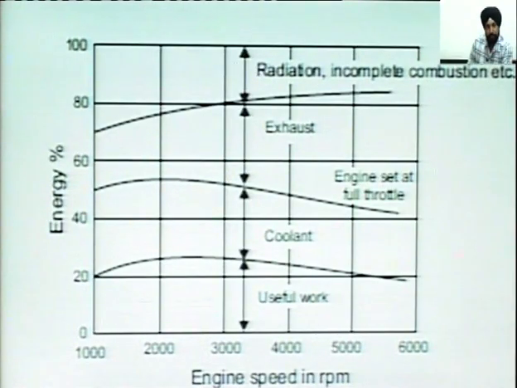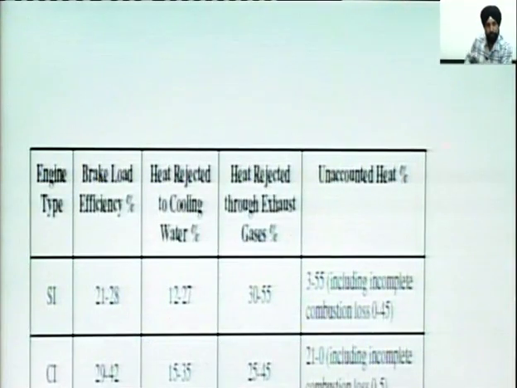Then the next part is the heat carried away by the coolant, or the cooling water. From this table, against engine type, SI engine, spark ignition, that is the petrol engine, and CI engine, compression ignition, meaning the diesel engine, brake load efficiency has been shown. It ranges from 21 to 28% for the SI engine.